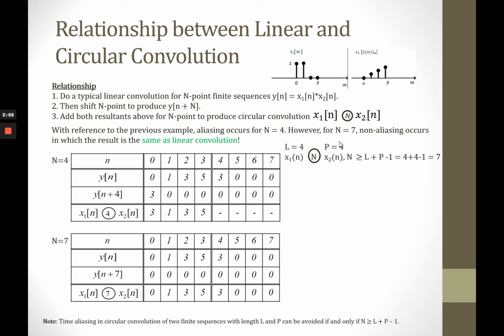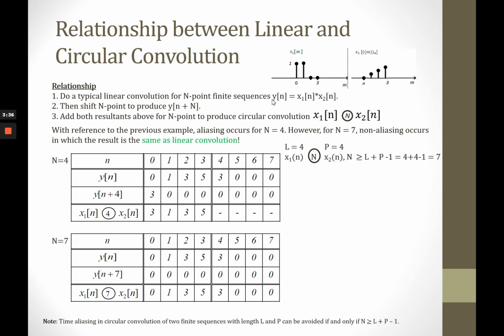And then time aliasing in circular convolution of two finite sequences with lengths L and P can be avoided if and only if N is equal to or larger than L plus P minus 1. So we calculate L plus P minus 1 is equal to 7, and we try N equal to 7 in this case.